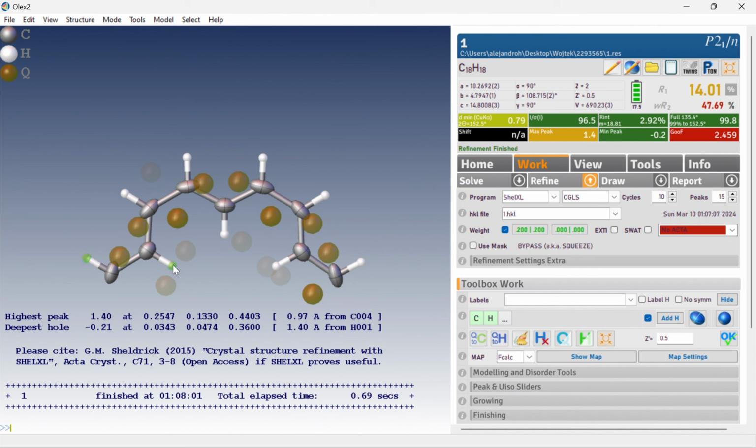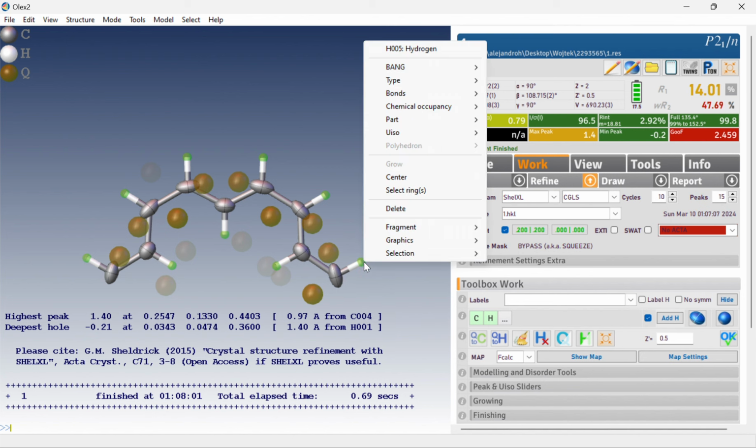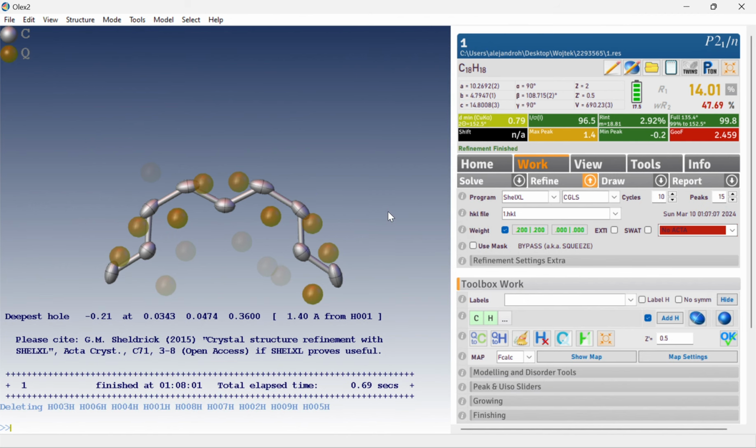So what I'm going to do now is to basically get rid of the hydrogen atoms. Oh, oops, accidentally clicked that. OLEX sometimes does it. You click something, but it actually selects something else. So always be careful. I'm going to delete hydrogen atoms.